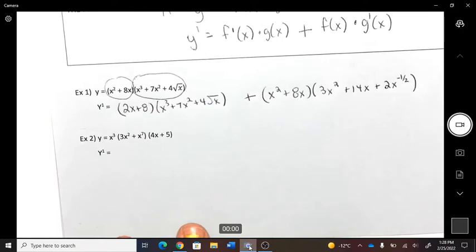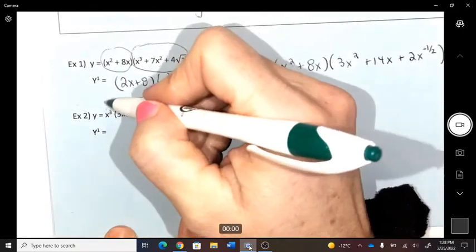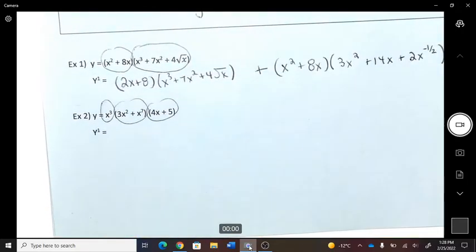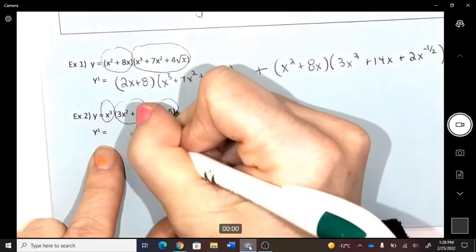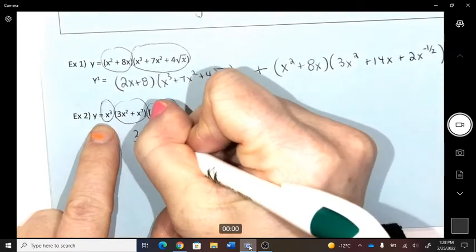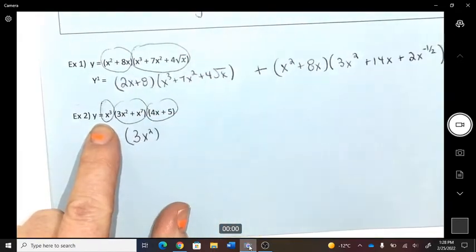Okay, so in example 2, this time I actually have 3 units. So what do you think we're going to do that's different with 3 units? So we're going to separate into 3 chunks, and you're going to take turns every time one different thing has to get derived. Okay, so first time through, I'm going to derive the first.